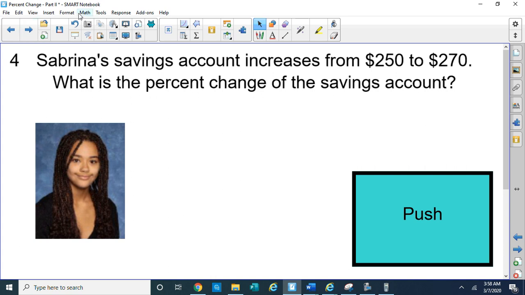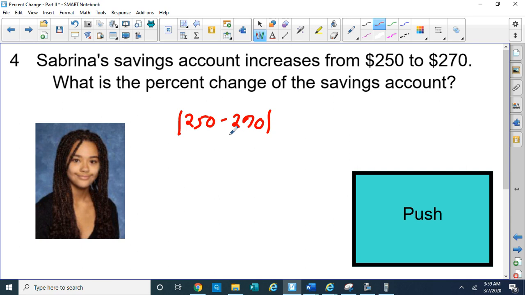So Sabrina's money increases. So we want to increase Sabrina's money from 250 to 270. So it went up by a total of $20 when I subtract. So I can subtract it that way or turn it around and subtract it this way.